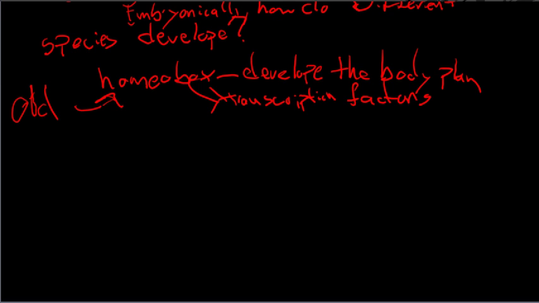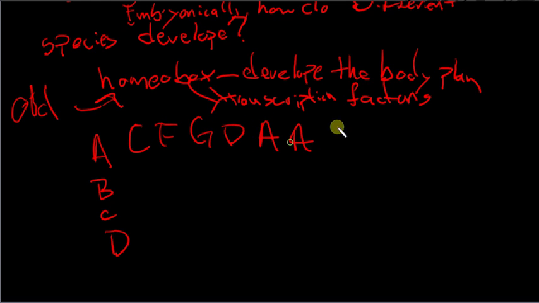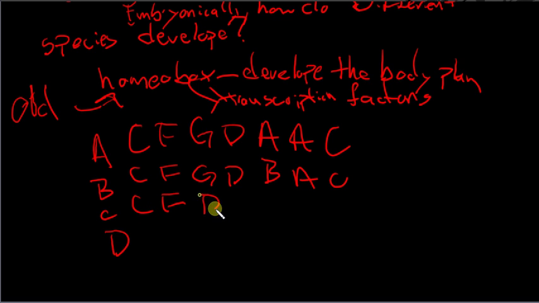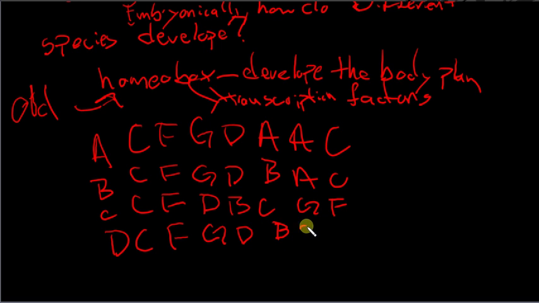So what we can do is compare the DNA sequence or the amino acid sequence of an individual A, B, C, and D. Let's say each of these letters is a different amino acid. Maybe it's C, F, G, D, A, C, and so on for each sequence.